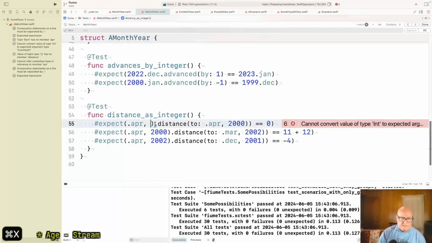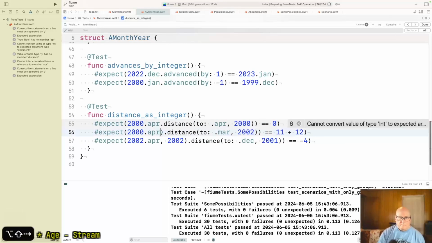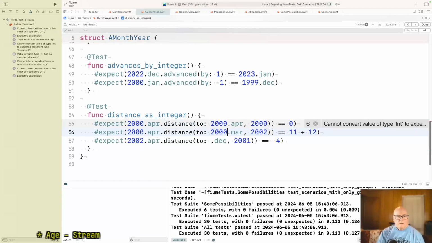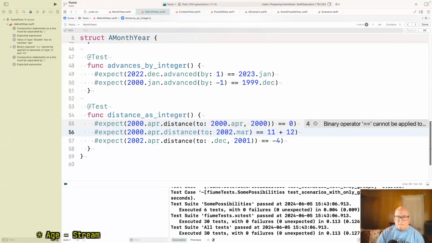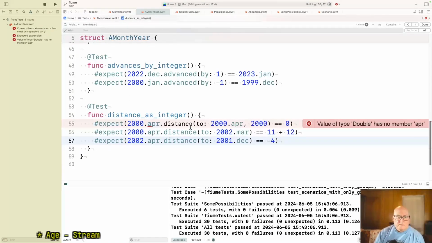Okay, I'm liking it. Did I screw this one up? Double.